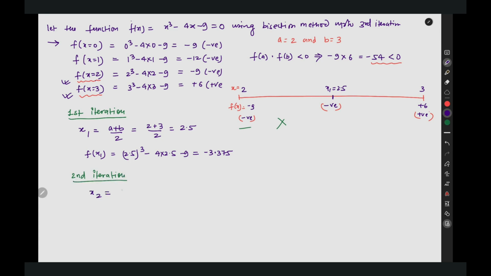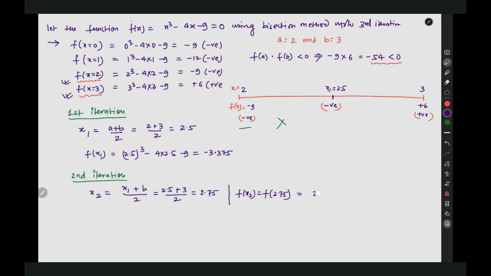x2 equals, now we will write x1, which is 2.5, plus b value, divided by 2. So we will get 2.5 plus 3 by 2, which is 2.75. Now we will determine the value of the function. So f of x2 equals f of 2.75.